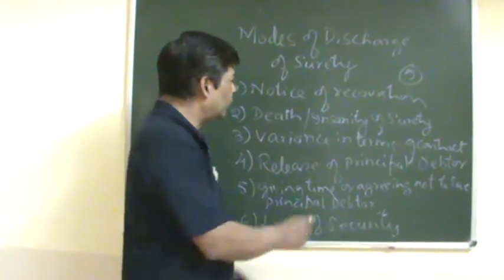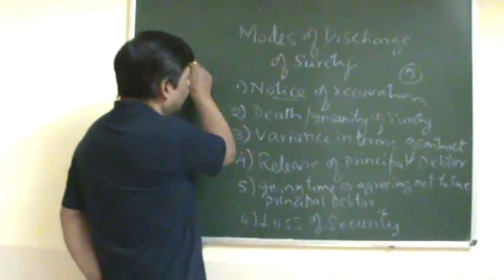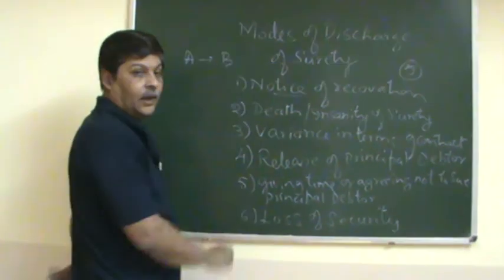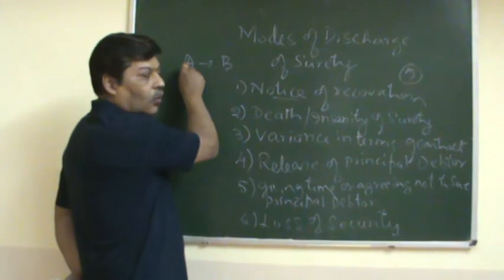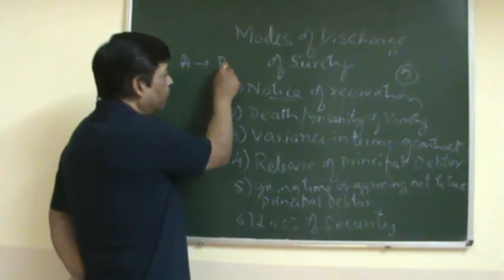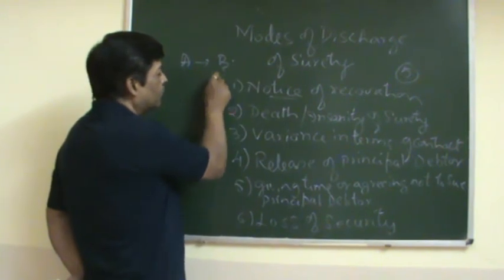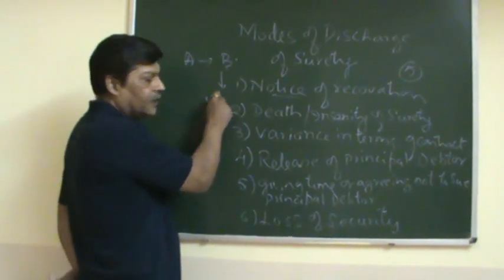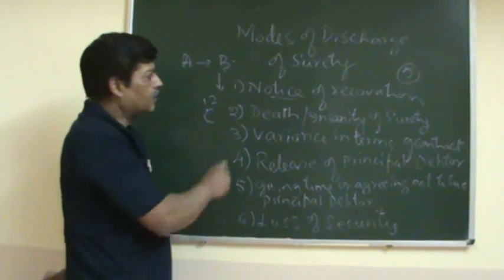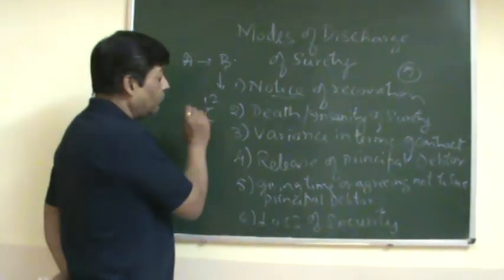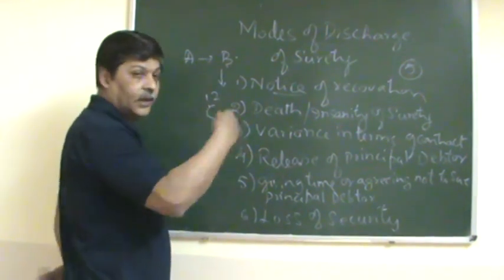For example, notice of revocation: A is the owner of the house where B is staying as a tenant, and for 12 months C has given the assurance that B will pay the regular rent to A. It is a series of transactions.